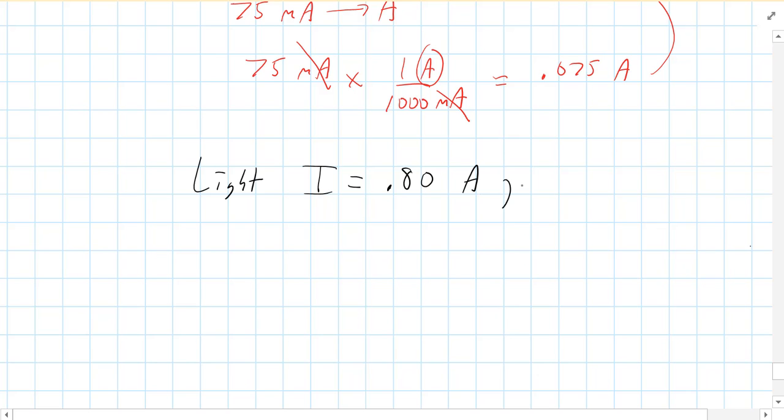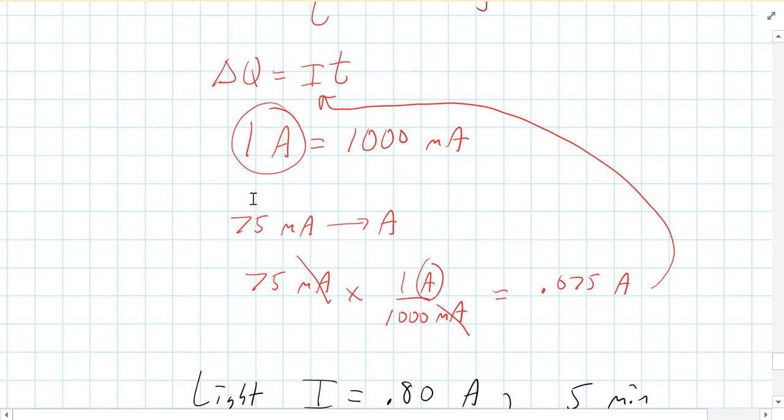And let's say you leave that light bulb on for 5 minutes. What I want to know is how much total charge flowed through that light bulb. I want to know it in coulombs, and also how many electrons flowed through that light bulb in that 5 minutes.